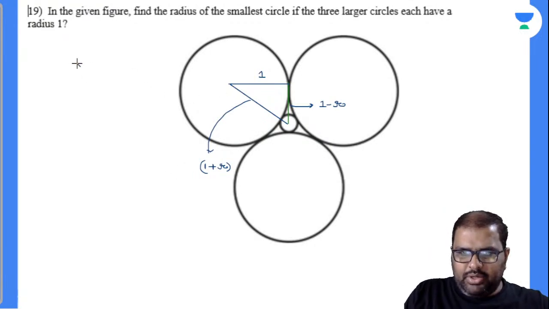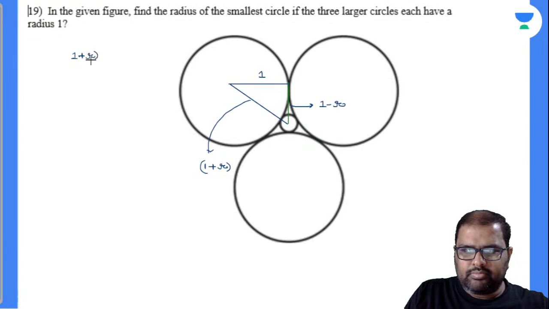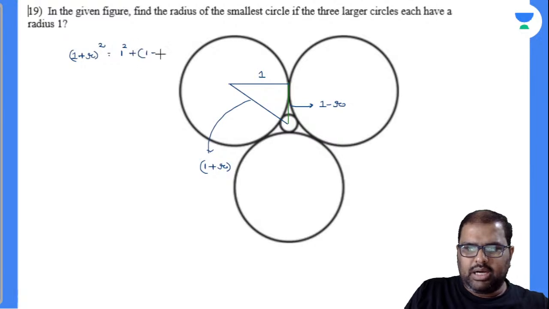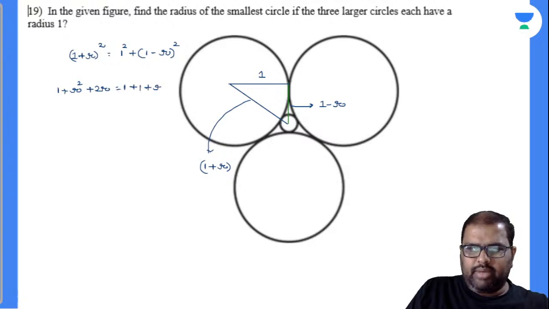Now my hypotenuse value is nothing but 1 plus r whole square, equal to my perpendicular sides, 1 square plus 1 minus r whole square. Calculate this. 1 plus r square plus 2r is equal to 1 plus r square minus 2r.